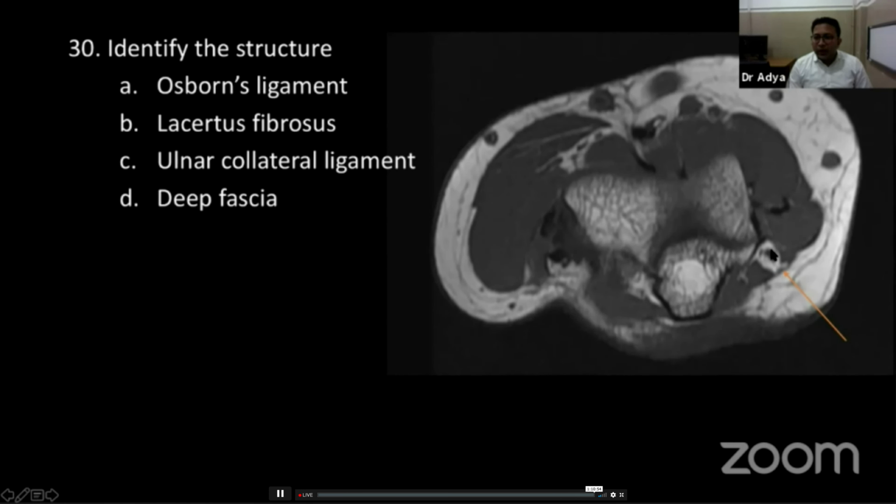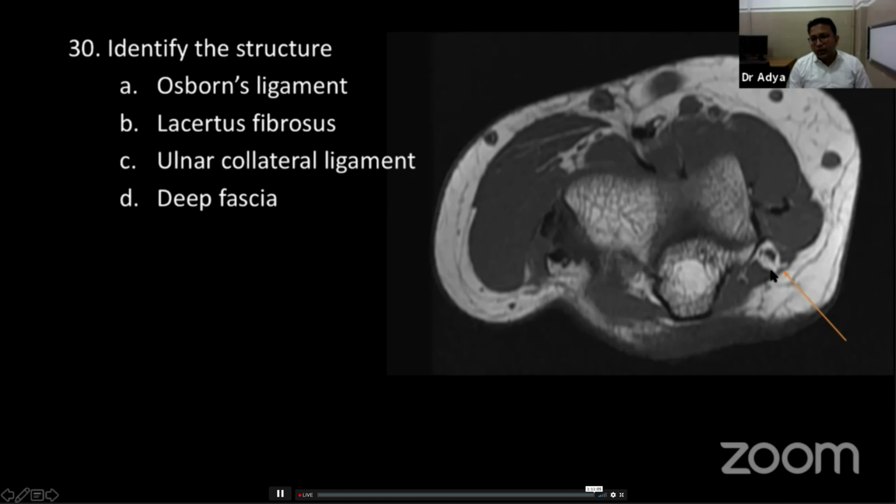Here we can see the accessory structure that I was discussing a few slides ago. This is known as the anconeus epitrochlearis, which is seen on the medial aspect, and it is impinging on the cubital tunnel. So the correct answer is A, Osborne's ligament.